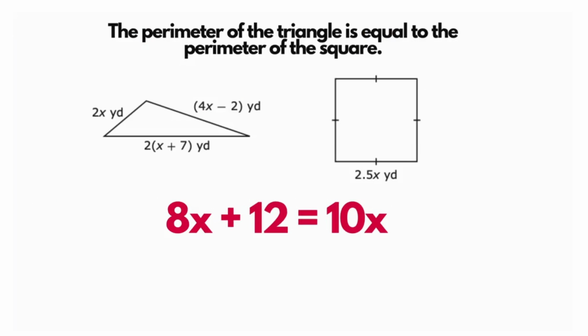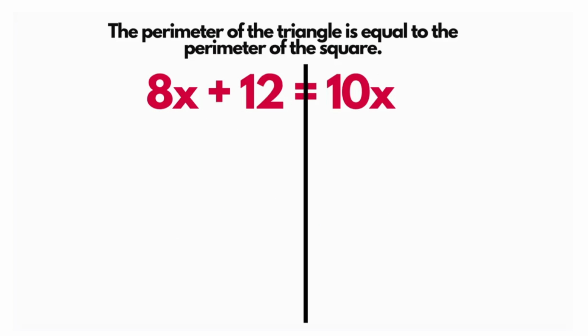It says both perimeters are equal, so we can take our 8x plus 12 from our triangle and set it equal to 10x from our square, and now we have an algebraic two-step equation we're going to work with. So let's set this up and isolate the variable, which means get the x by itself so we can know what the value is.